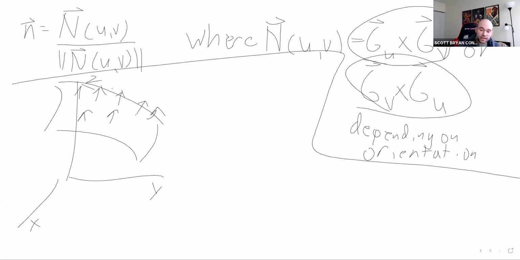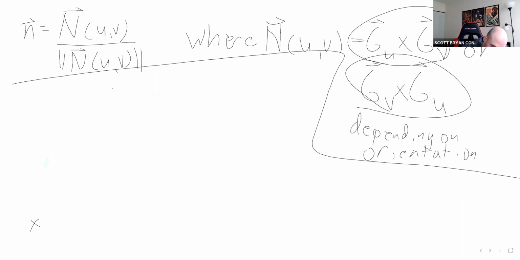We pick a normal vector at every point, and there are two options for unit normal, one pointing towards one side, one pointing towards the other side. But that's what it means to give your surface an orientation. Okay. Does that clear that up? Because that is maybe the most important bit of all this, the bit that's different from what we did for integrating scalar functions.